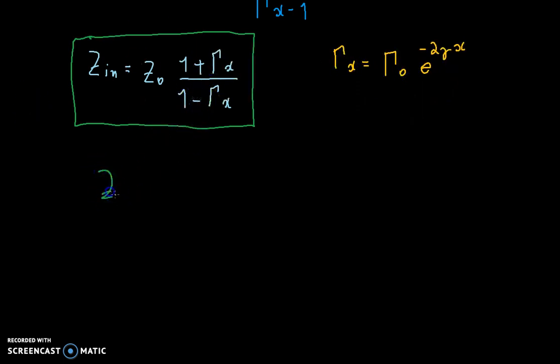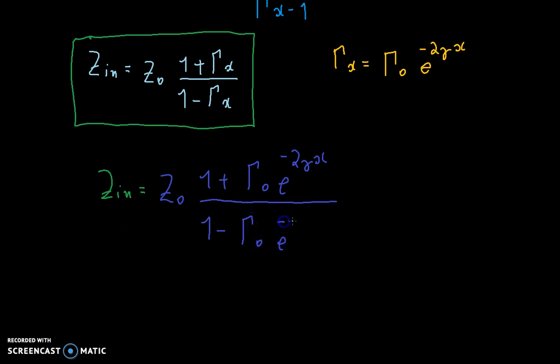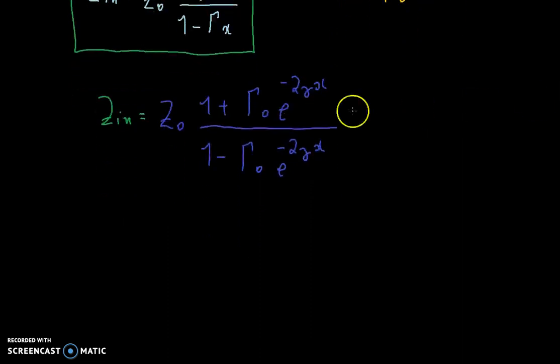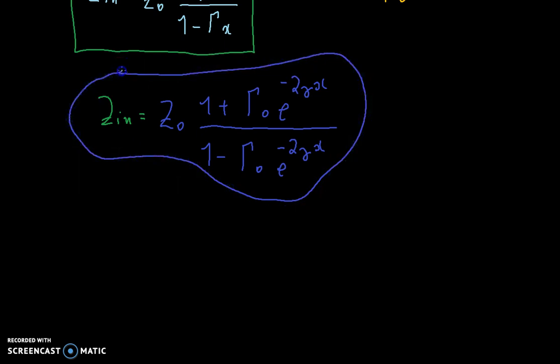So Zin will be equal to Z naught times 1 plus gamma naught times e to the minus 2 gamma x divided by 1 minus gamma naught times e to the minus 2 gamma x. So this is Zin right here.